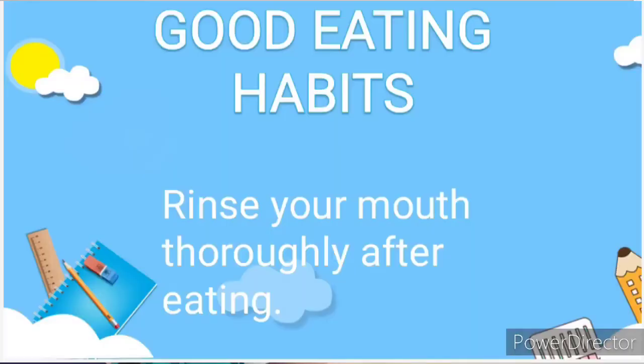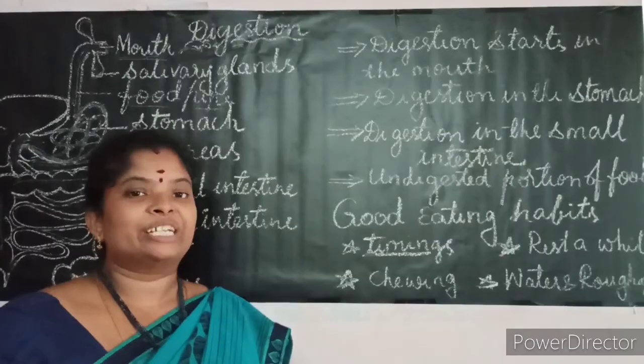And the last one, we have to rinse our mouth thoroughly after eating. Otherwise, what will happen? The small particles will stay in our mouth, and the food attracts the germs. So we have to rinse our mouth thoroughly after eating.